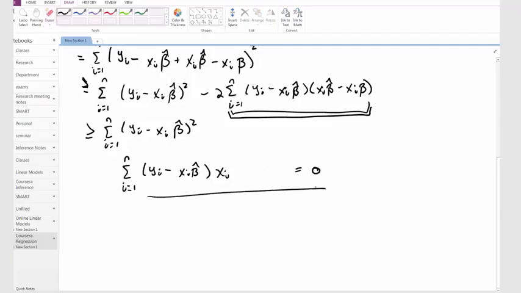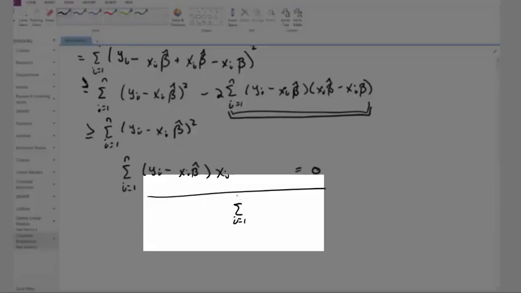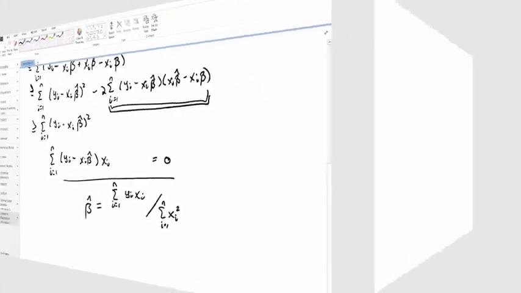Solving this equation for beta hat yields the solution summation i equal 1 to n yi xi divided by summation xi squared, i equal 1 to n. So that yields our beta hat for regression through the origin.